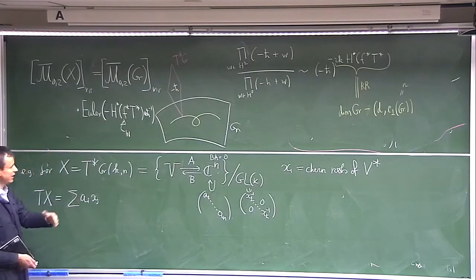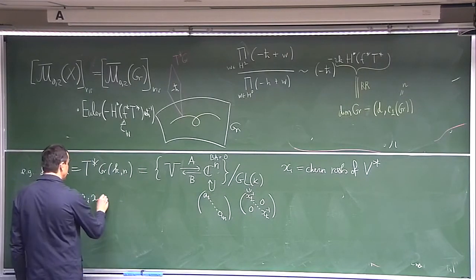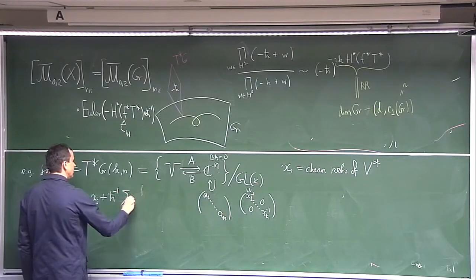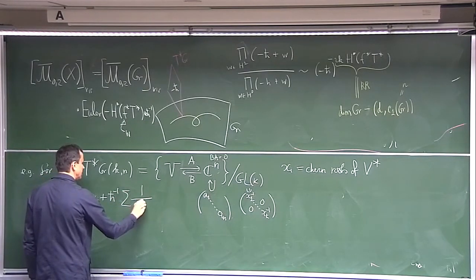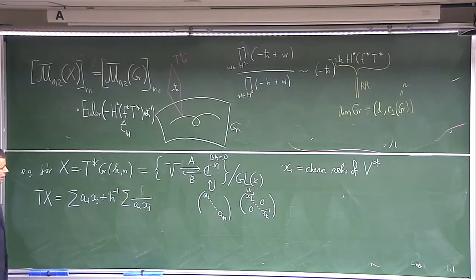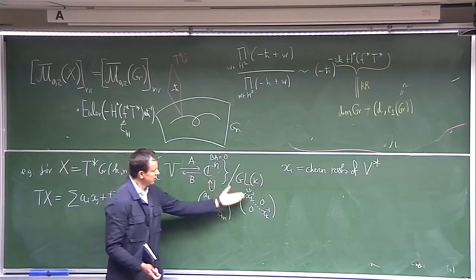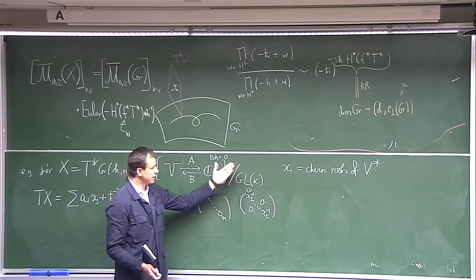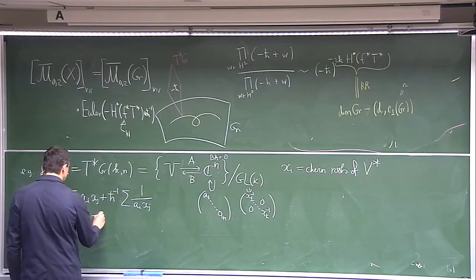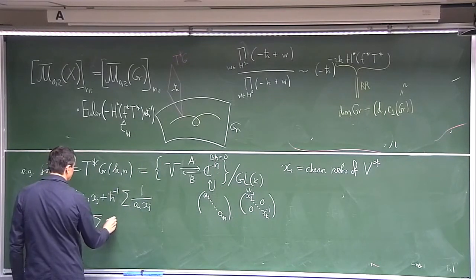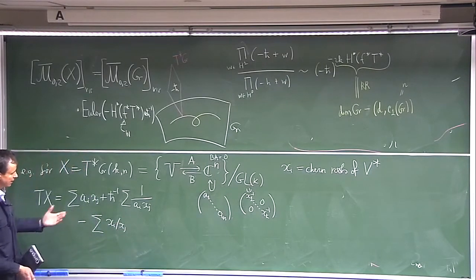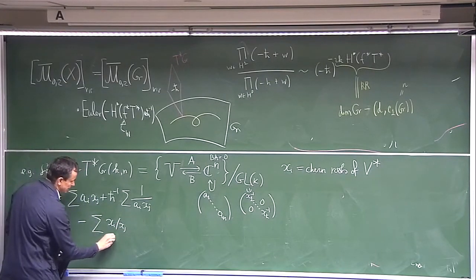Plus B goes the other way, and it's scaled by h bar inverse, so the dual thing is this. Then I take out the tangent bundle to the group. So this means I subtract x_i over x_j.